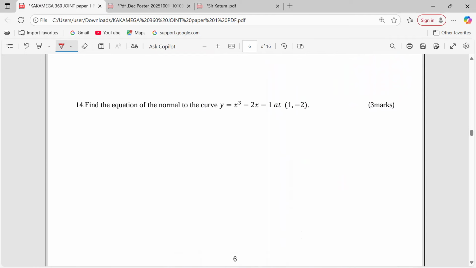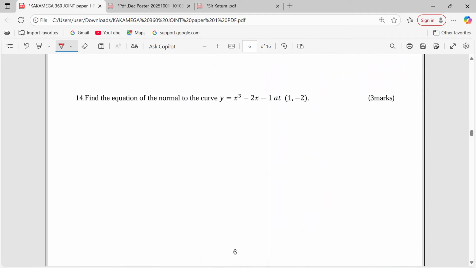Find the equation of the normal to the curve at this particular point. Okay. One thing that we're supposed to know is that we're supposed to get the gradient function of this curve, which is the derivative, dy/dx. We derive the first part to be 3x to the power 2 minus 2, like that. So what would be the gradient itself at a point where x equals to 1?